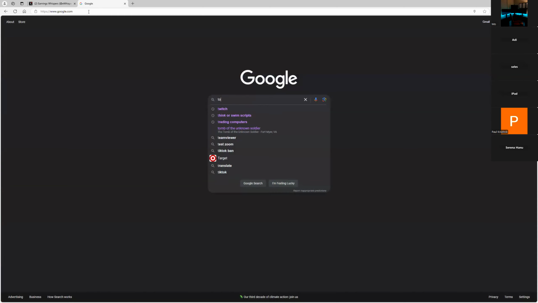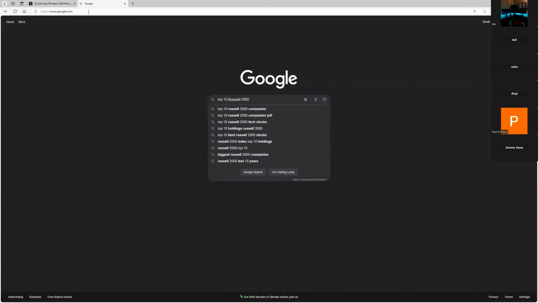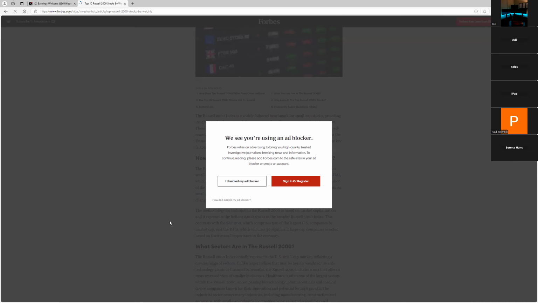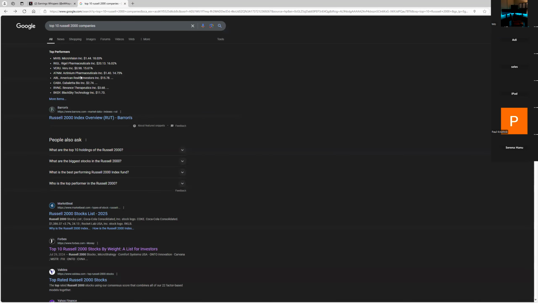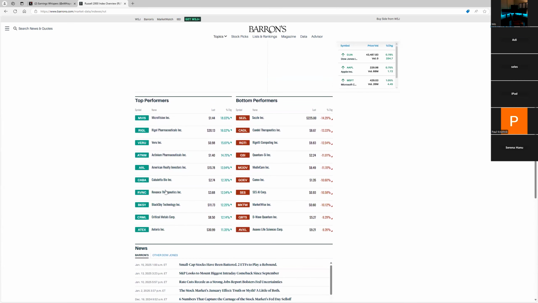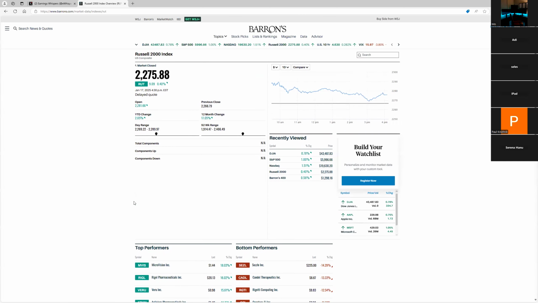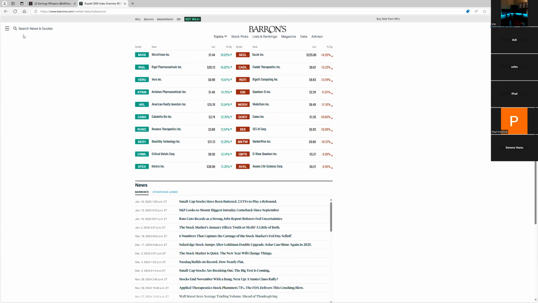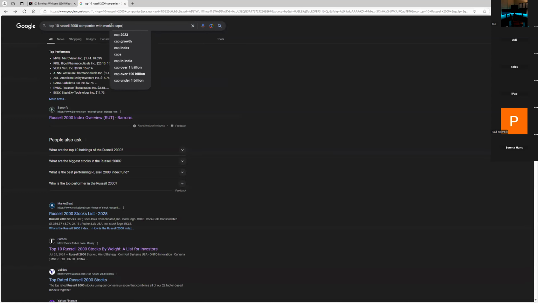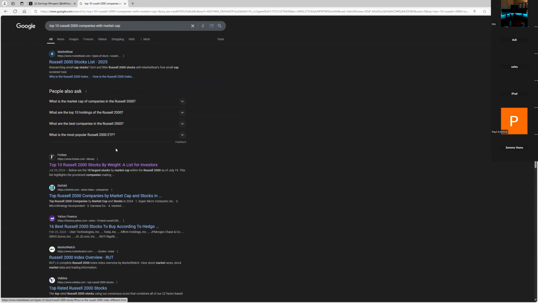Think about it for a second. You Google it. Here, these are the bad ones, not your top performers. Top 10 Russell 2000 by market cap.